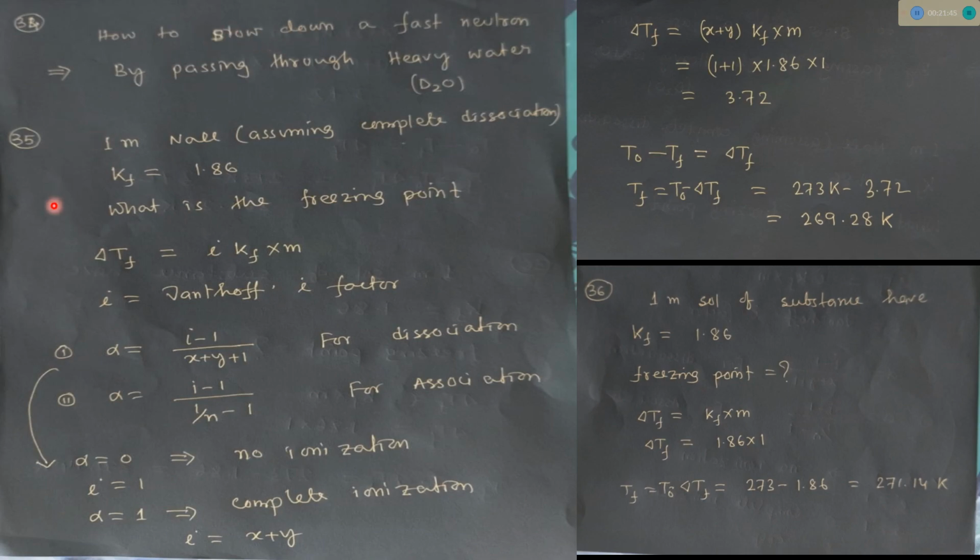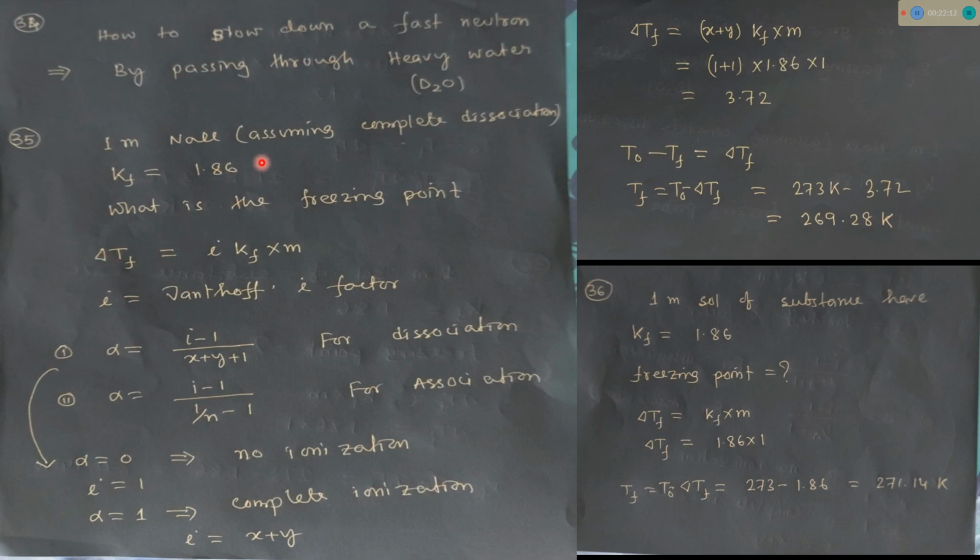Next, 2 questions from solutions regarding depression of freezing point. Same values were there, just in different concepts. First case: 1 molar NaCl solution assuming complete dissociation, Kf was given 1.86, what is the freezing point?